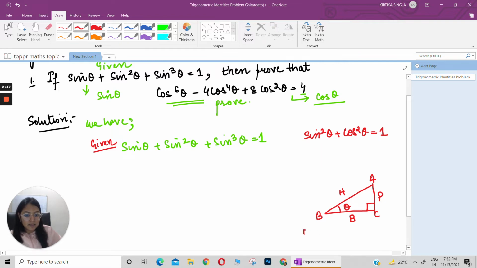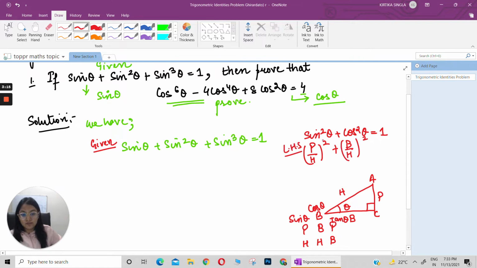The rule to learn the trigonometric ratios is P, B, H: P upon H is for sine theta, B upon H is for cos theta, and P upon B is for tan theta. So sine square theta will be P upon H whole square, and cos square theta will be B upon H whole square.